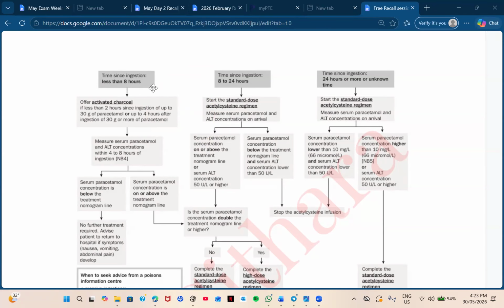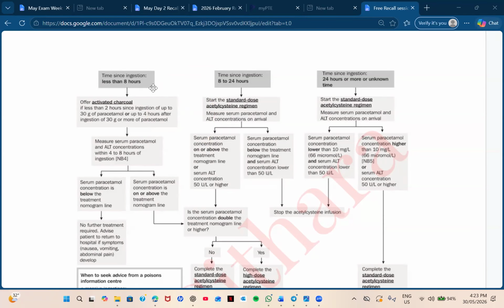If it is lower than the treatment line, you don't need to give NAC or treatment. If it is above the nomogram treatment line, then you have to treat it. That is why we are plotting it: because it is still less than 8 hours, we need to think about whether liver injury may be happening or not.